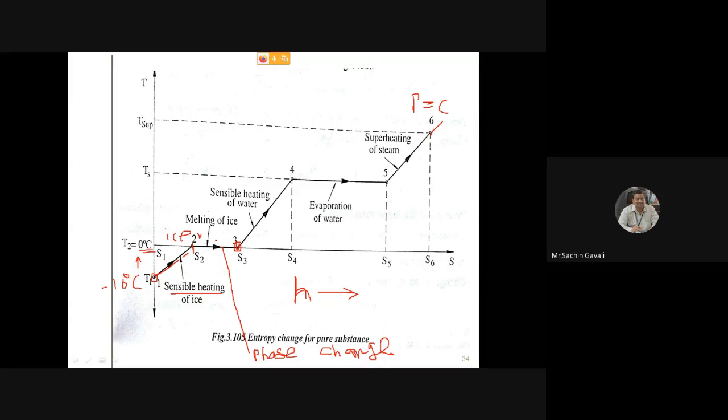Write down now in your definition notebook: latent heat. Are you writing?